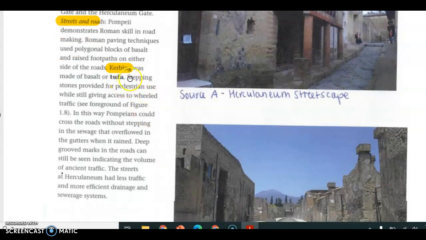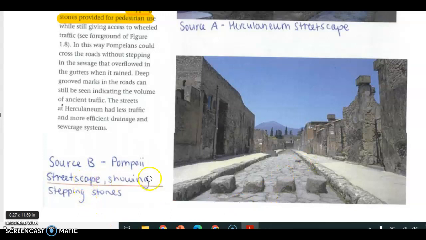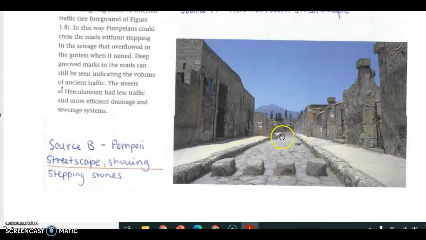Stepping stones are also a clue that they were quite advanced for the time. If you have a look down here at this picture, source B, in Pompeii, we've got the road here, we've got the raised curbing for pedestrians to walk, and if they wanted to cross the road, there are these stepping stones here.